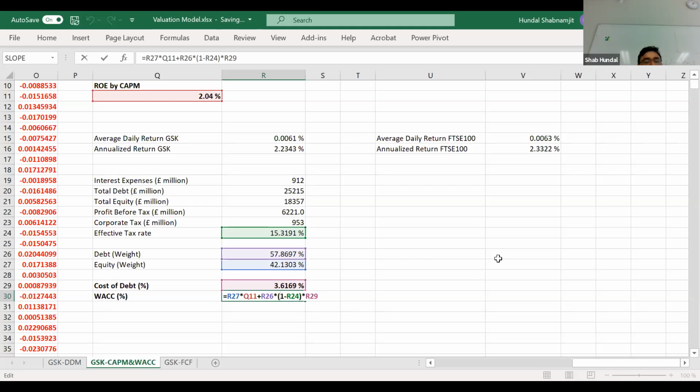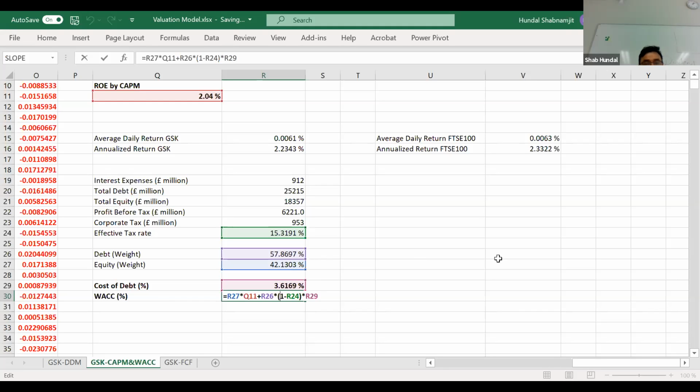So what we do, we multiply R27, which is the proportion of equity, 42 something, with Q11. Q11 is your ROE according to the capital asset pricing model.